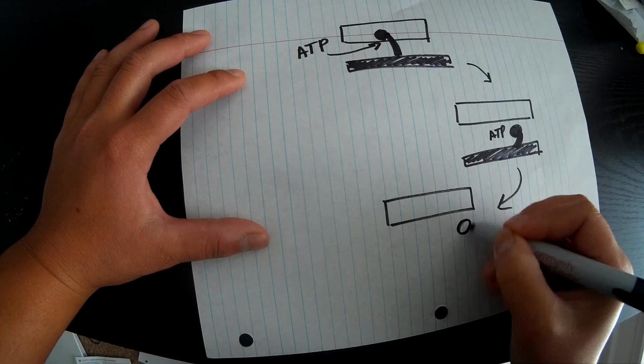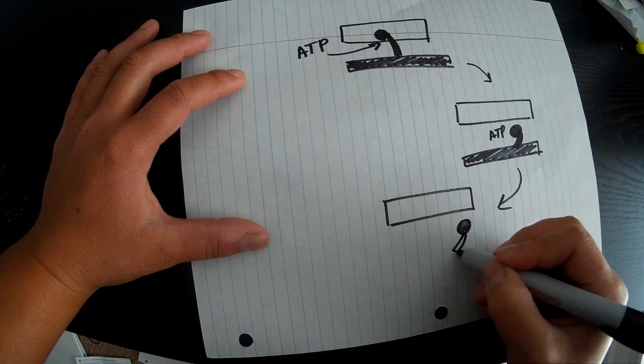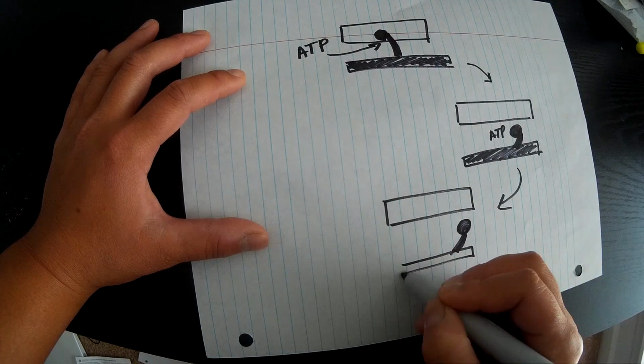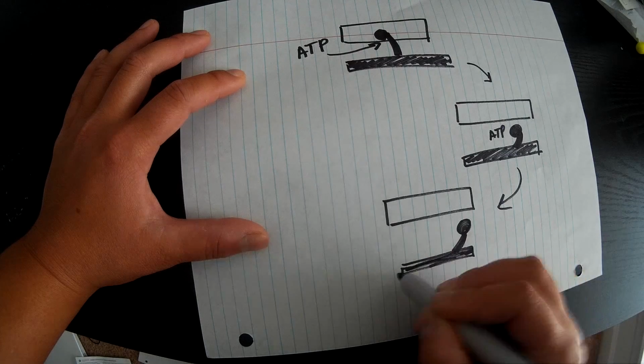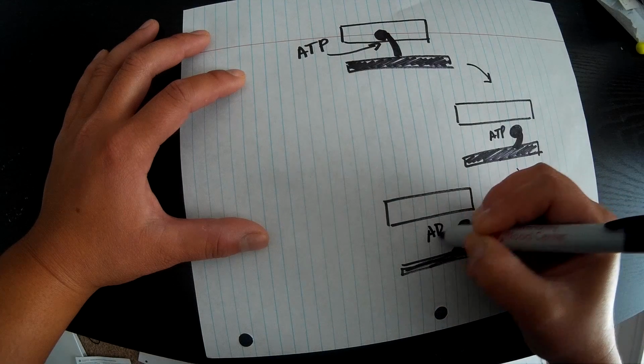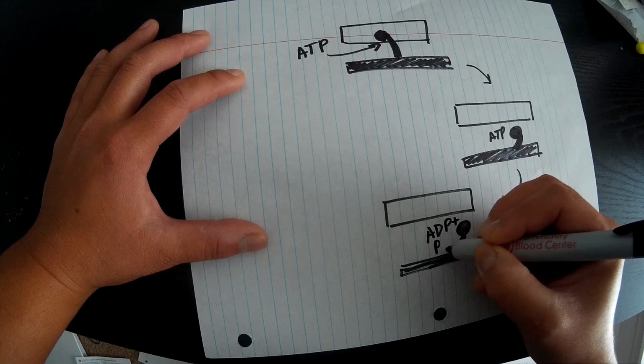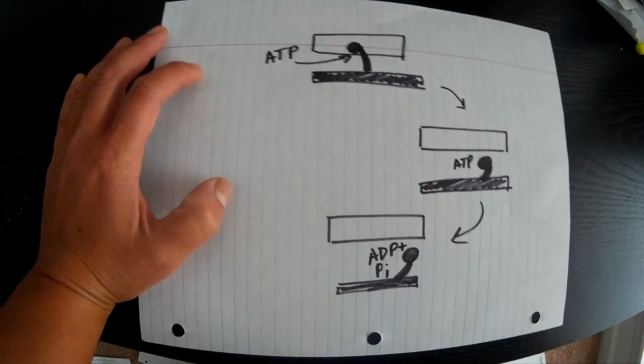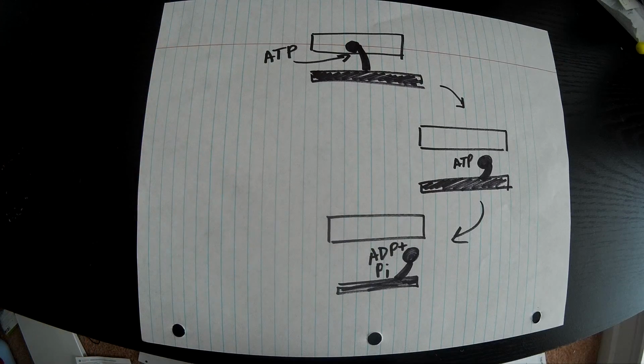From here, ATP will hydrolyze into ADP. So basically it just breaks down into ADP. At this point, the myosin head is ready to attach back to the actin. And there you go, there's the sliding filament theory.